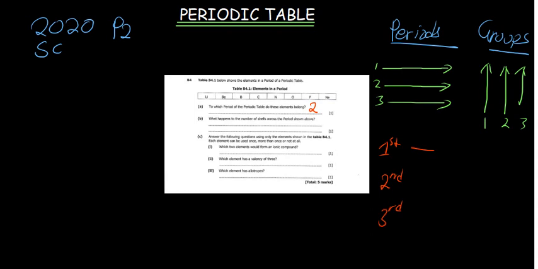As you go the other side, are the number of shells increasing, or reducing, or constant? Constant meaning they still remain the same. If there's 2, meaning 2. If there's 3, meaning 3. That is what the question is asking of us.